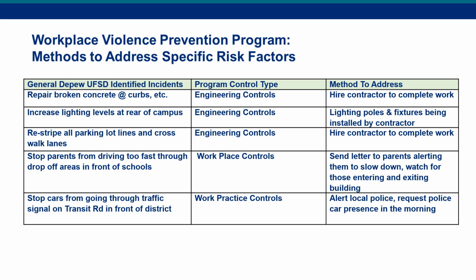In the next table, we see specific incidents identified in the risk assessment exercise for the entire district. These include repairing broken concrete at curbs and sidewalks, increasing lighting levels in the rear of the campus, restriping parking lot lines and crosswalk lanes, stopping parents from driving too fast through drop-off areas in front of school buildings, and stopping cars from going through the traffic signal on Transit Road in the front of the district.